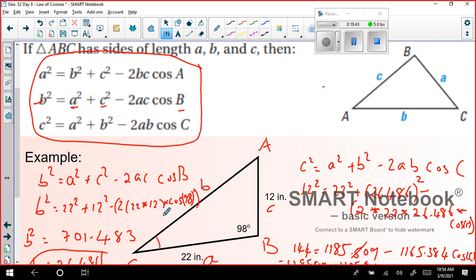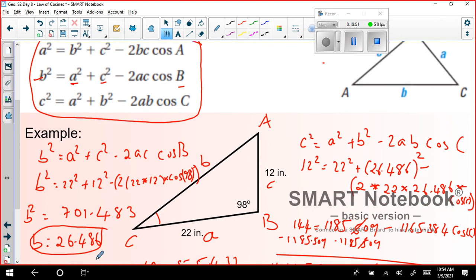If you just put this much, you should get b square equals 701.483, and taking the square root, we take only the positive value of b, since length cannot be negative, so it is 26.486. So this small b is 26.486. Once you get the value of b, you can find the others.